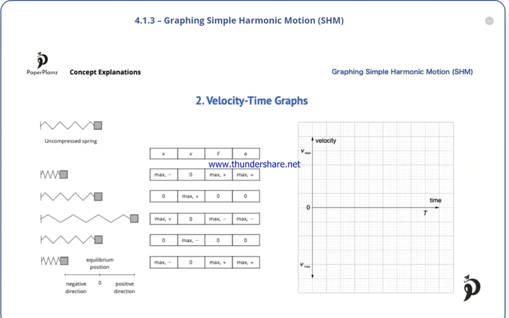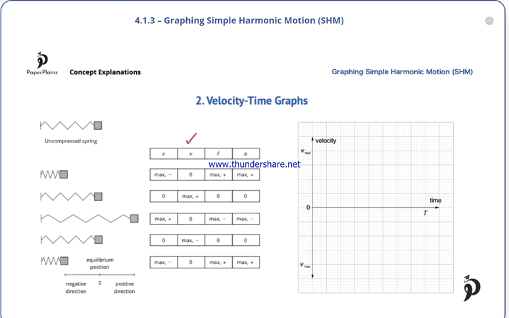Here we also have time on the horizontal axis, uppercase T representing the time taken by the mass to complete one full oscillation. Velocity is represented on the vertical axis, where Vmax represents the point where the magnitude of the mass's velocity is maximum. Let's start plotting the graph.